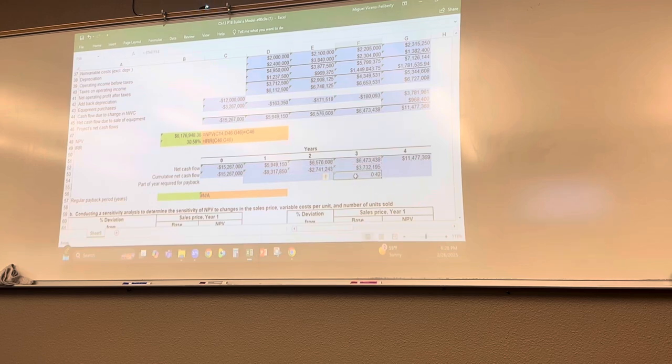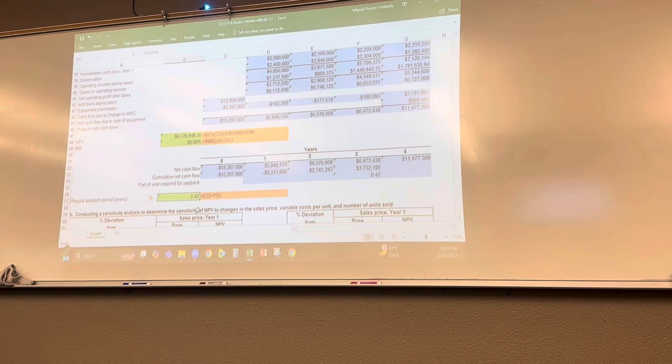What this means is it's gonna take me 0.42 parts of the year to pay back, to get us to 0 on our investment amount. So my regular payback period is 2 plus this, so 2.42 years. This is a less than useful decision rule, or capital budgeting technique, but it's part of your question, so I wanted to mention it.